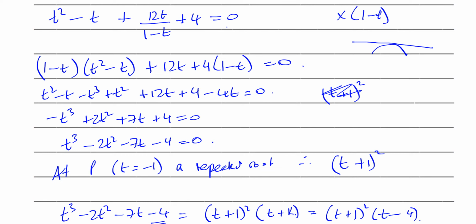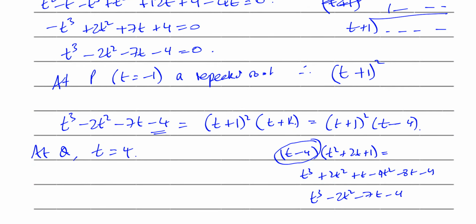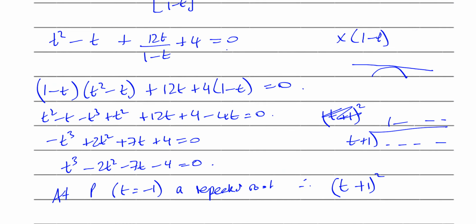If I had not realized it's a repeated root, I would have said t plus 1 is a factor, then done long division to find the other factor, then factorized it, and ended up with t minus 4 and t plus 1. Then I'd realize it's actually a repeated factor. So knowing that when there's a tangent to a curve, that point is a repeated root, will help you a lot.